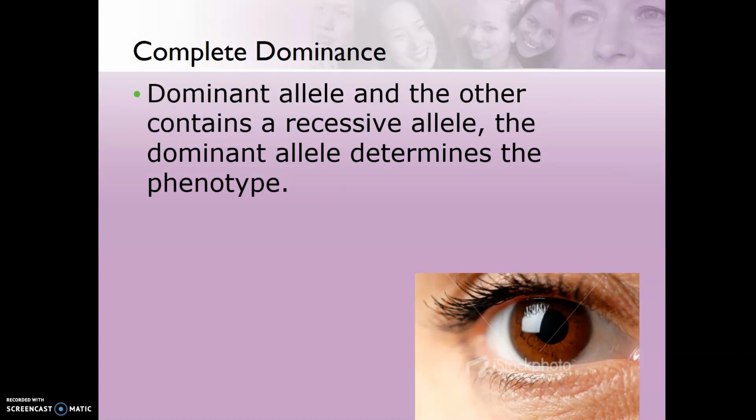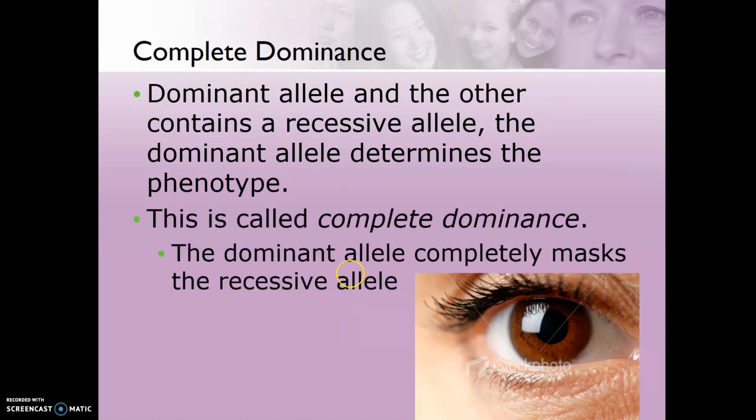If you have a capital T, you're going to be tall. This is called complete dominance. If you have a dominant allele, the dominant will be what shows in the phenotype. The dominant completely masks the recessive. If we're talking pea plants, you wouldn't even know the recessive is there until the second generation, possibly.